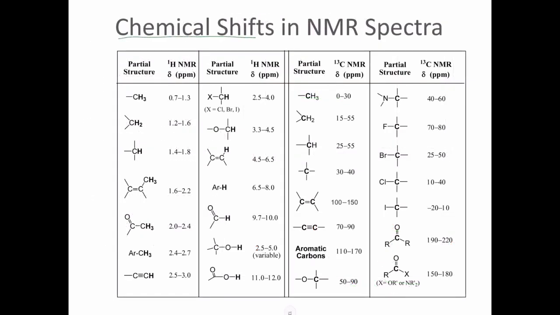Here is a summary of the chemical shifts in the NMR spectra. For proton NMR, you need to be able to identify where the proton is attached to. If it's attached to an aromatic compound, we say roughly around 2.5. If it is a terminal alkyne, then the proton will appear at around 2.5 to 3.